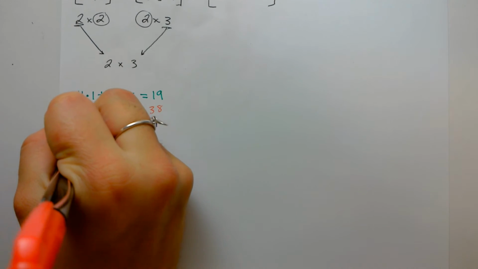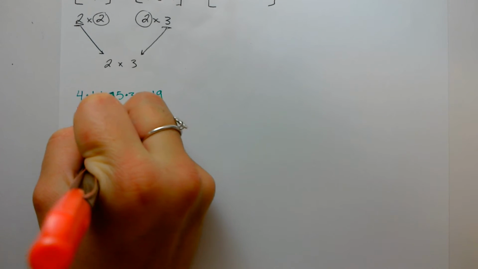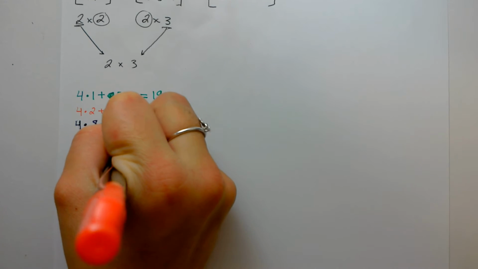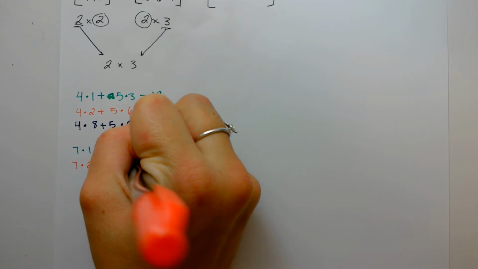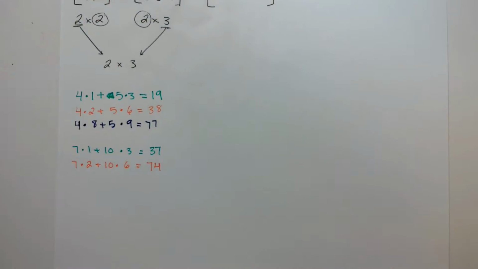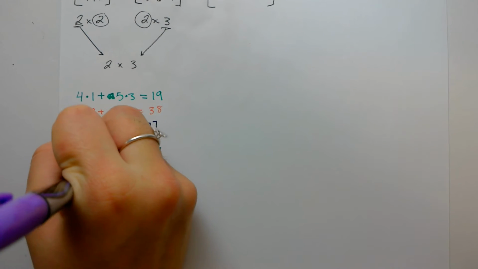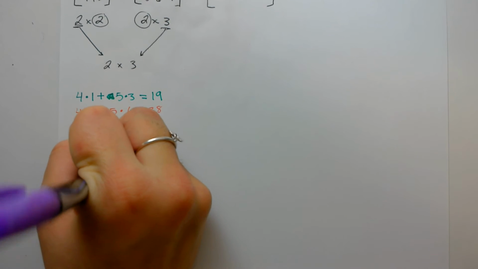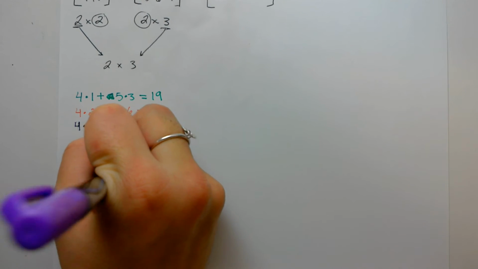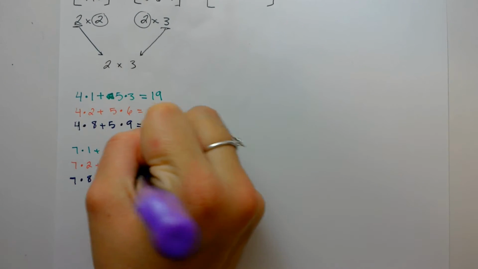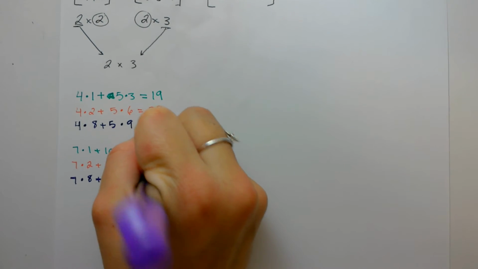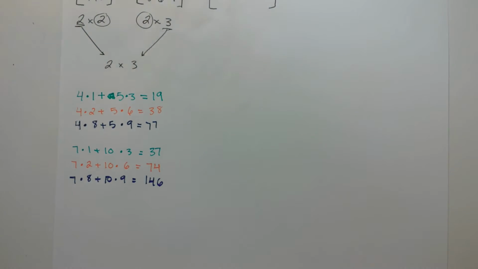And then 7 times 2 plus 10 times 6 equals 74. And then for your final, you have 7 times 8 plus 10 times 9 equals 146.